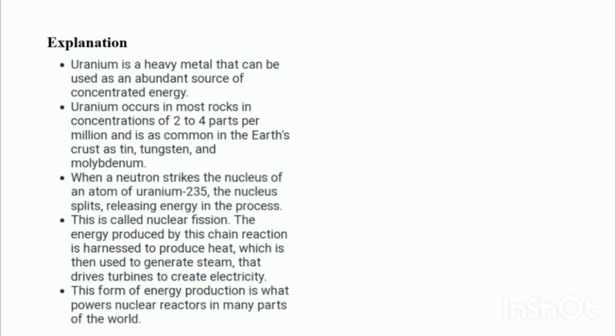When a neutron strikes the nucleus of an atom of uranium-235, the nucleus splits and releases energy in the form of heat. This heat is used to generate steam that drives turbines to create electricity. Uranium is an abundant metal and able to release abundant concentrated energy. Hence the correct answer is option 4, uranium.